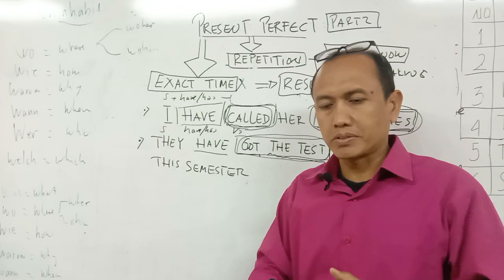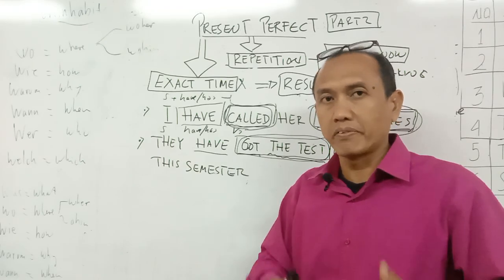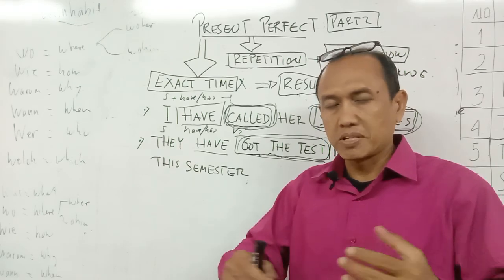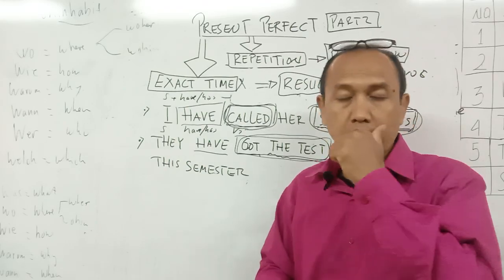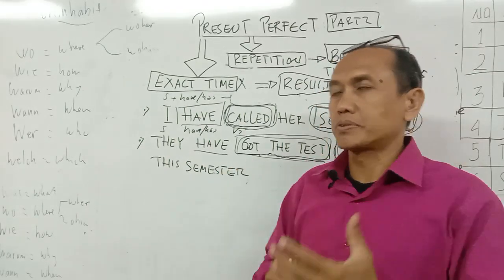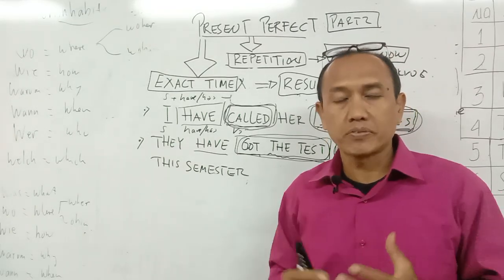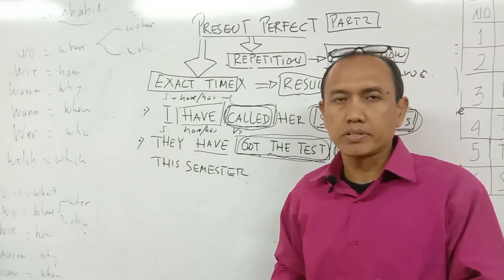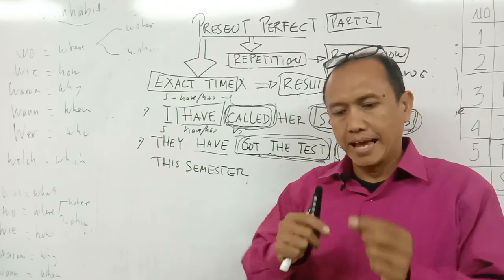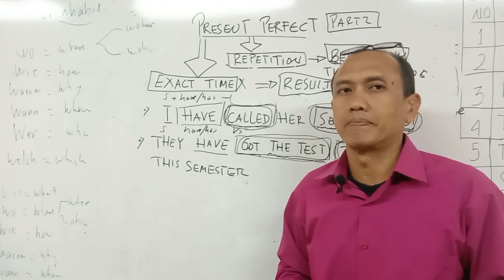Present perfect is to show an action happened before now at an unspecified time in the past. But past tense is used to show an action already happened in the past and at the time of speaking, the action already stopped. The action is not in progress anymore.